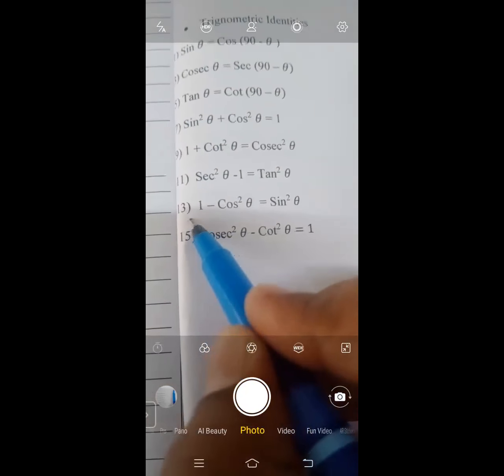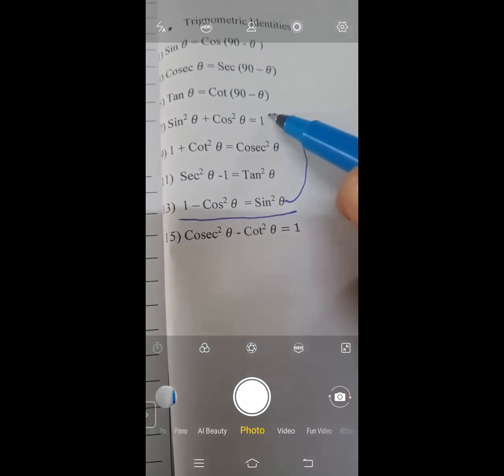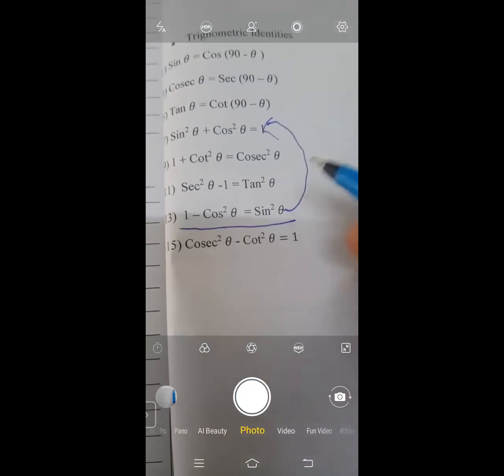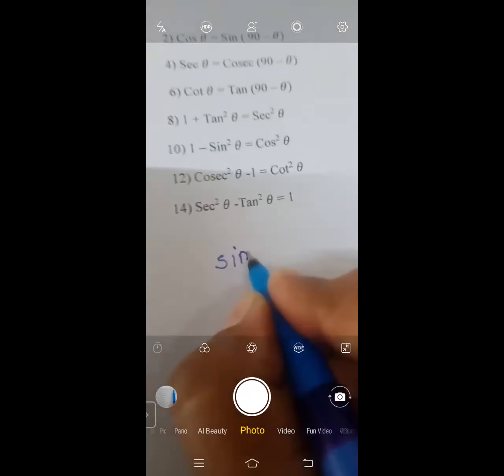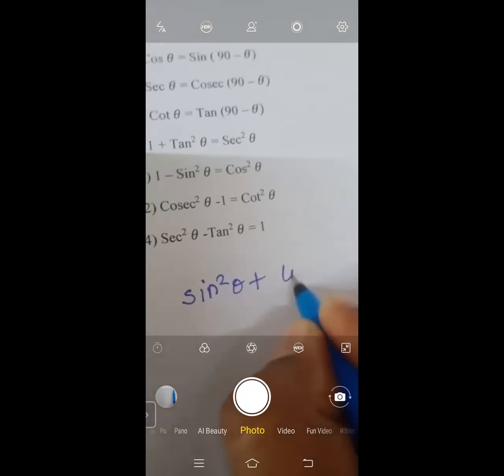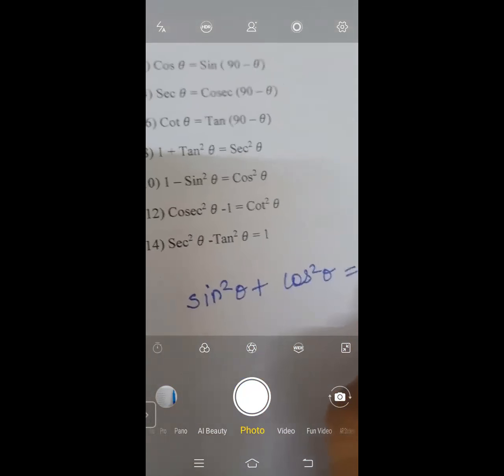Now this identity you can remember with the help of this. This is sin square theta plus cos square theta equals 1.